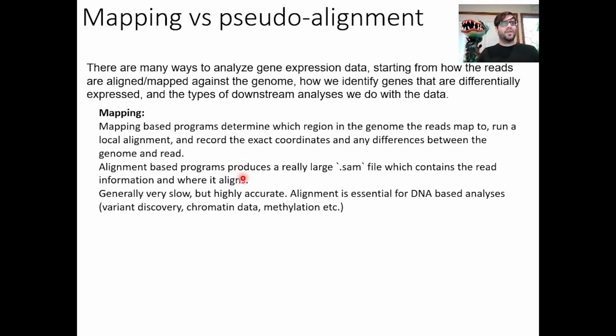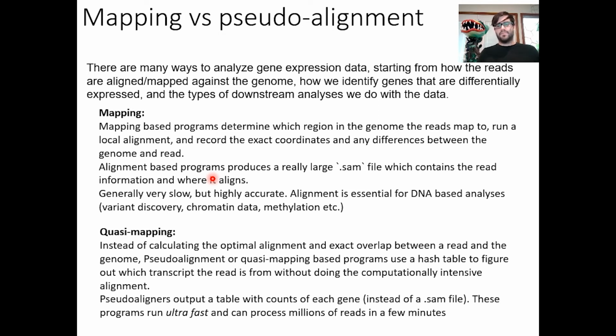If you want, you can do a mapping-based approach, but we can also take a bit of a shortcut and do what's referred to as quasi-mapping or pseudo-alignment. Instead of calculating the optimal alignment and the exact overlap between a read and a genome, a pseudo-alignment or quasi-mapping based program will use a hash table to figure out which transcript the read is from without doing the computationally intensive alignment.